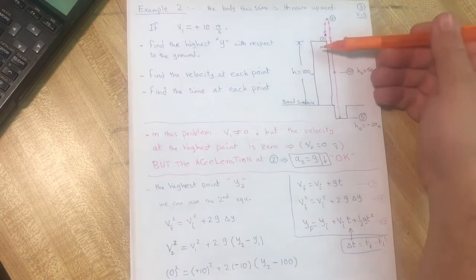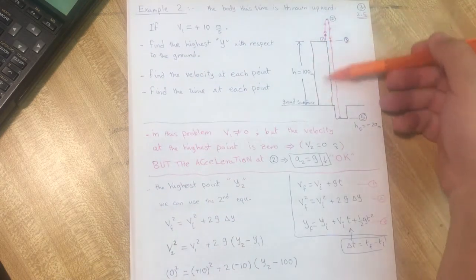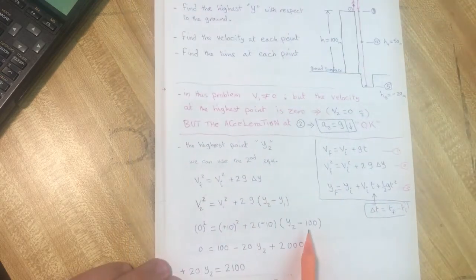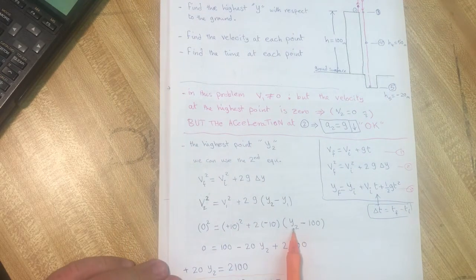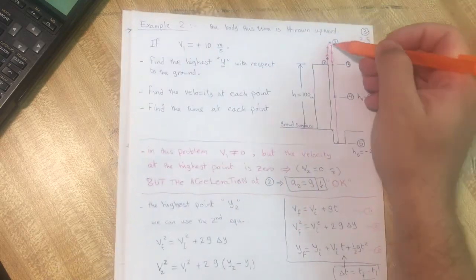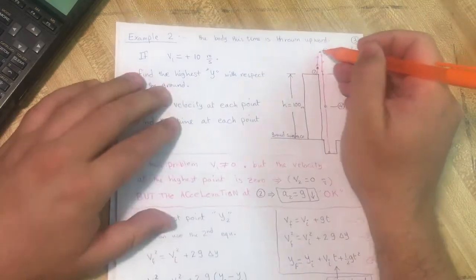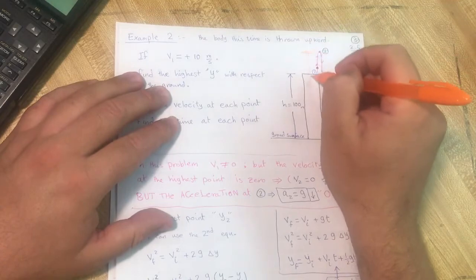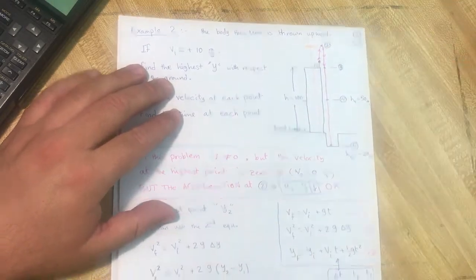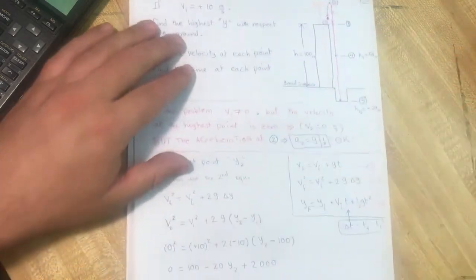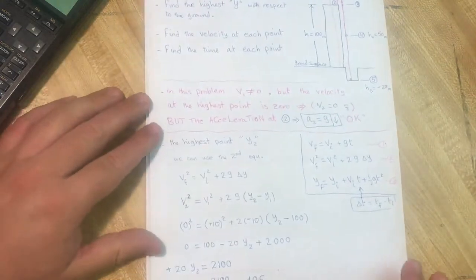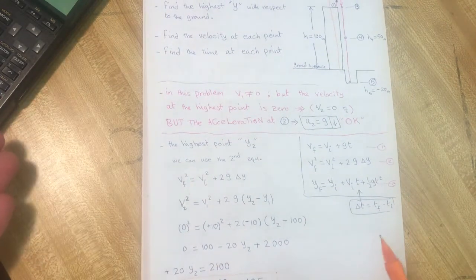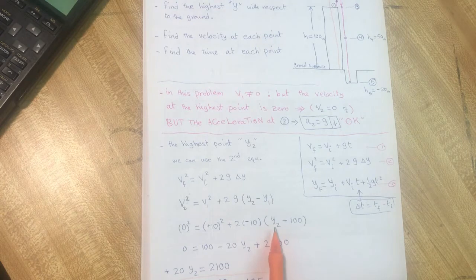y1 is the building height, which is 100. And y2 is the height of the second point from the ground. What we need to do now is, we have just one unknown variable.